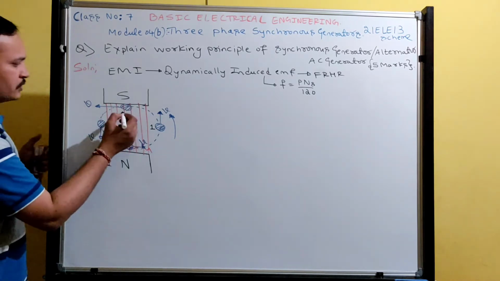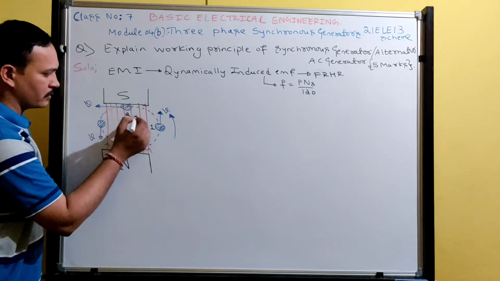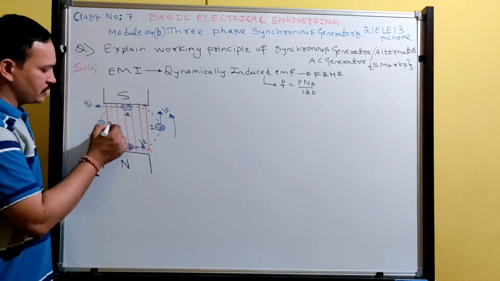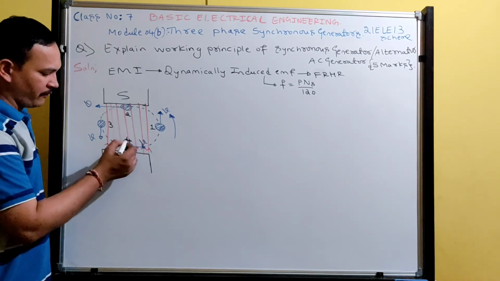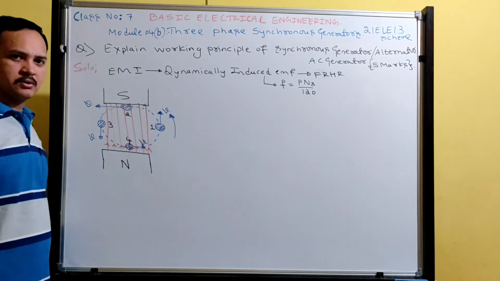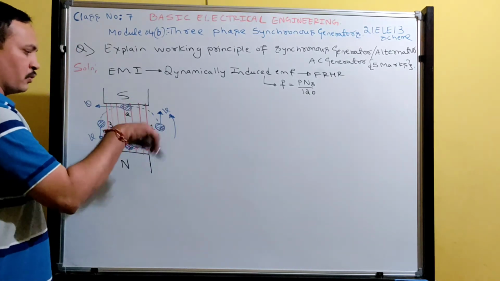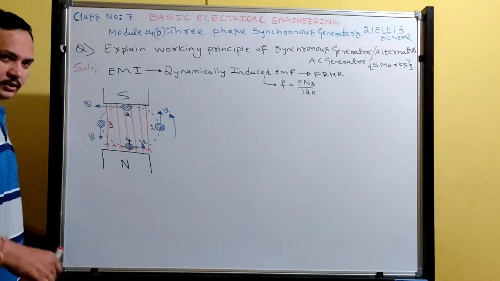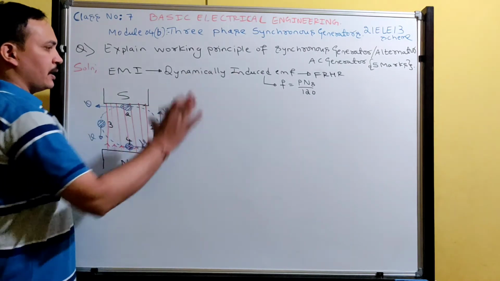The conductor rotates from position 1 to position 2, position 3 and position 4. After position 4, it again comes back to position 1. One rotation is completed.